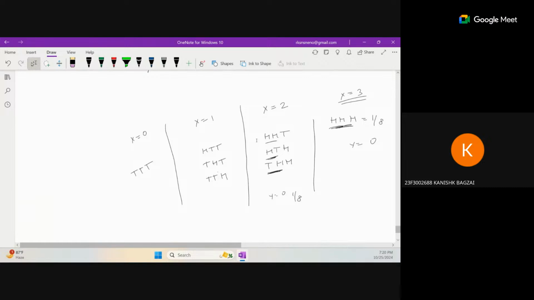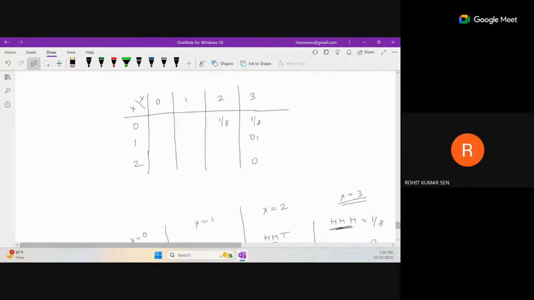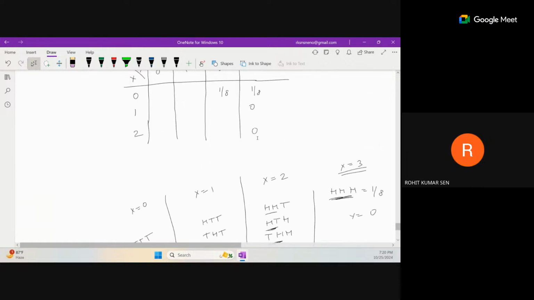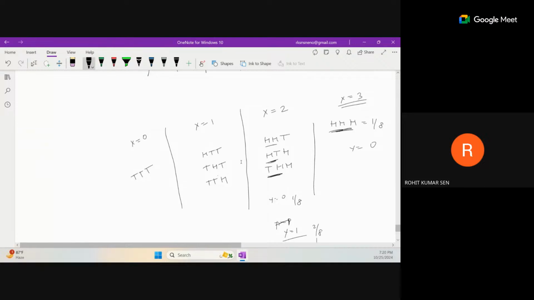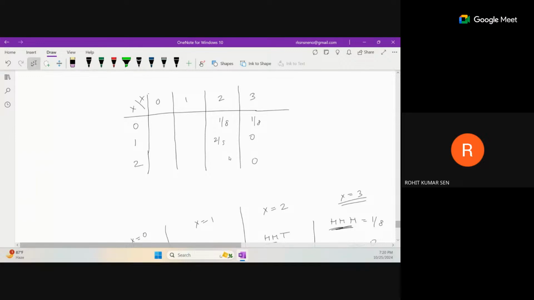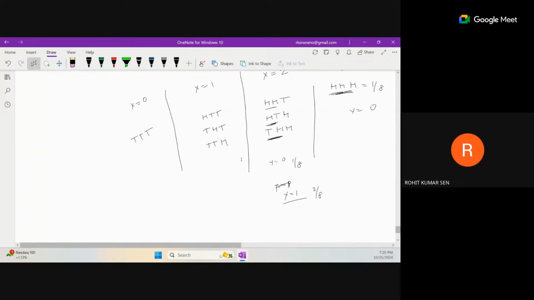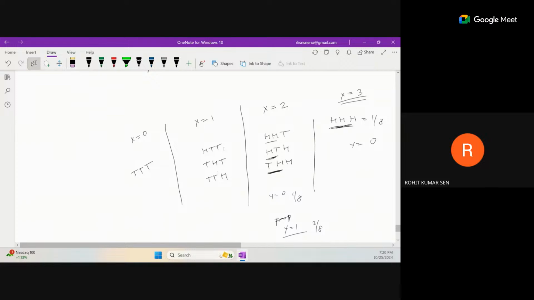Okay. Now tell me, Y = 1 also, one tail here, Y = 1: 2 by 8, right? 2 by 8. Okay, can you tell me X = 2 and Y = 2?